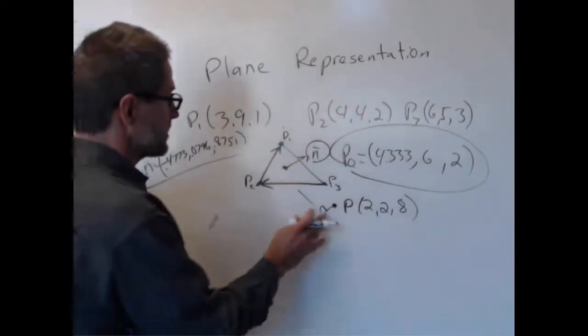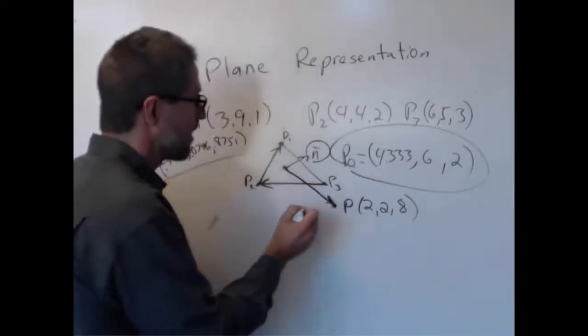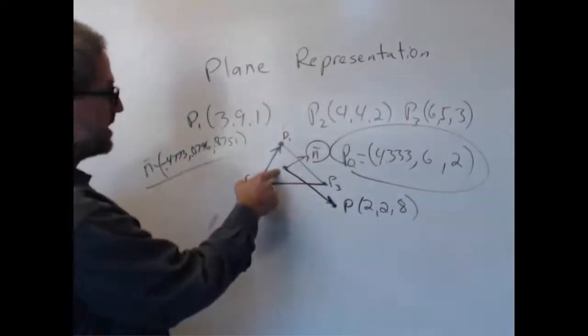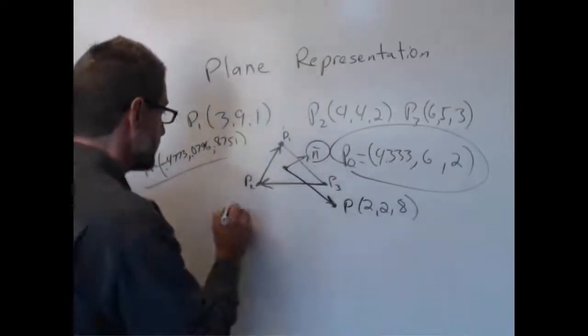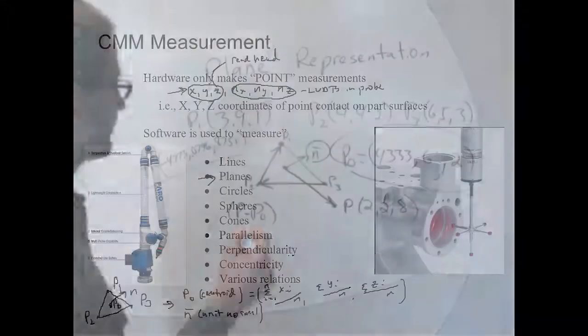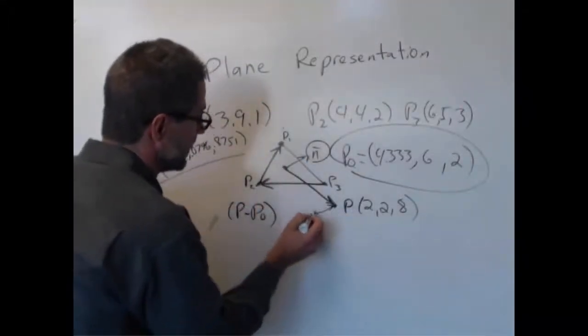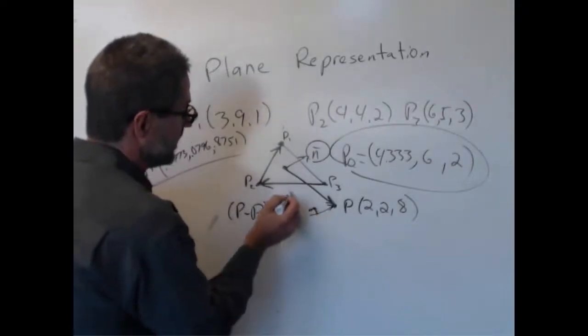So let's create a new vector, which is the vector from the centroid up to that point. So that's really P minus P0. Okay, now with that vector, let's move the normal vector over here, because the normal vector is perpendicular to the plane.